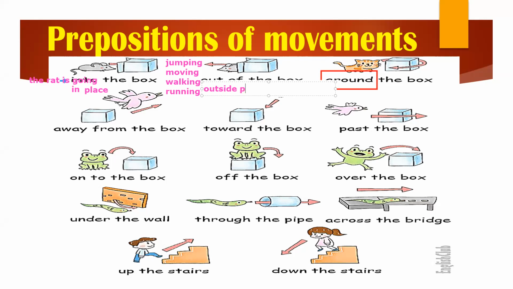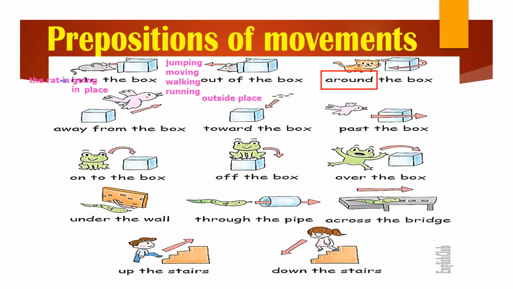Outside is the preposition of place, of out of. We can say that the rat is out of the box. Out of the box means that it was in the box and it's coming out, and I can see it moving outside of the box. But if I just want to refer to where it is, for example, my copybook, is it in the box? No, it's outside the box. Or simply, it's not in the box.